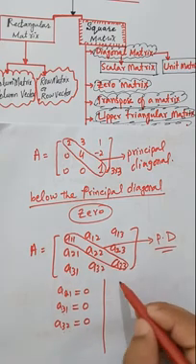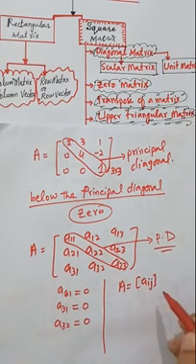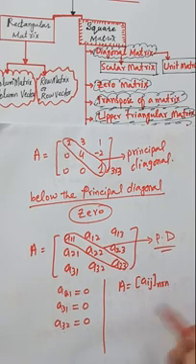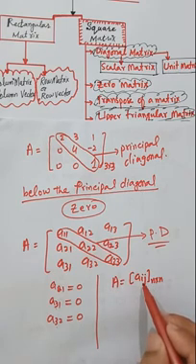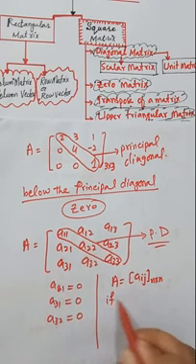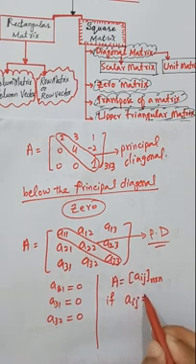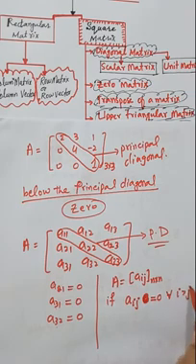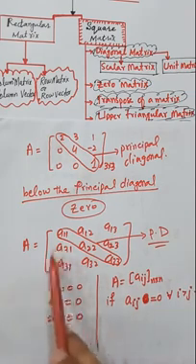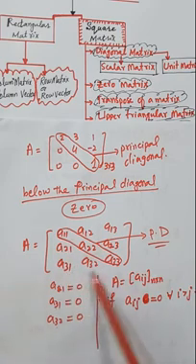So A equal to Aij, this is the general definition of order n, it must be a square matrix, is said to be an upper triangular matrix if Aij is equal to 0 for all i greater than j, because below the principal diagonal you clearly see that i is greater than j.